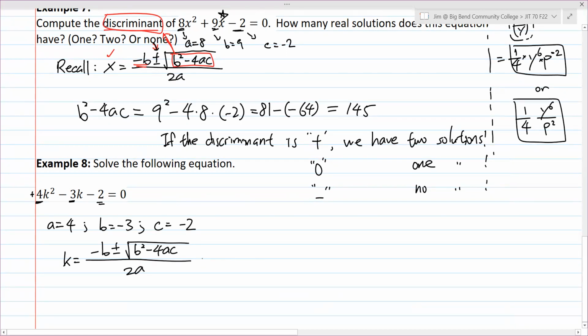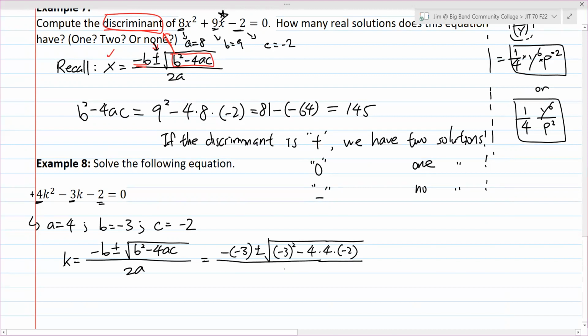All right, so the procedure is that first of all, you get all of the coefficients identified, and then you plug the coefficients into the equation. Now, negative b is 3, so we plug that in, and then we plug in another b inside the square root. So we have negative 3 squared minus 4 times negative 2.